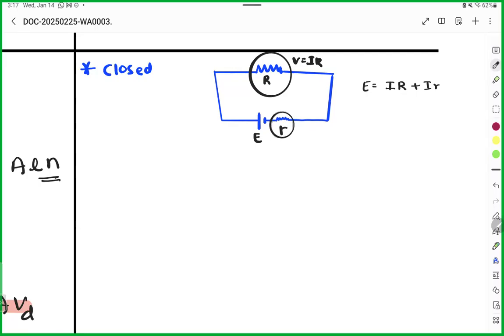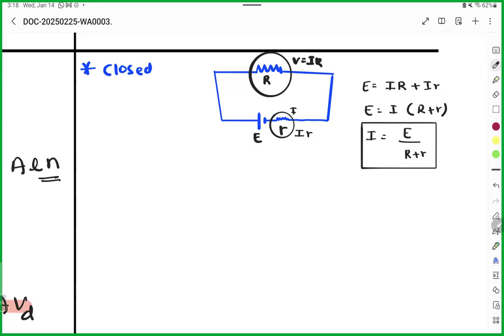That's why here your voltage will be I small r. E, I common, then your current value will be equal to this. So you got this current here. Okay. Same thing. This E is also equal to V is equal to IR plus Ir in the closed circuit.